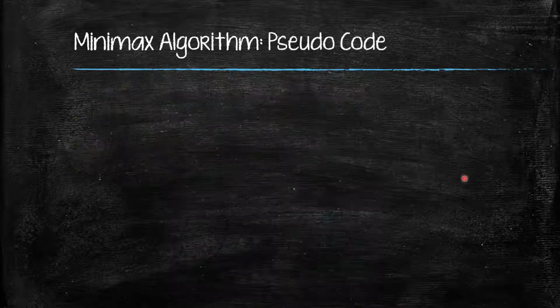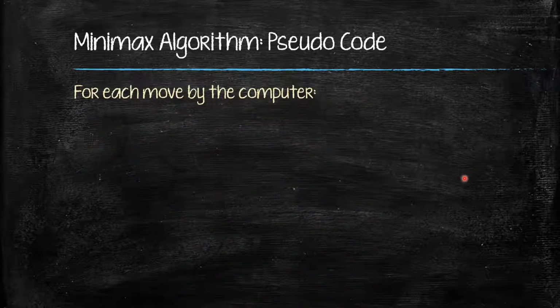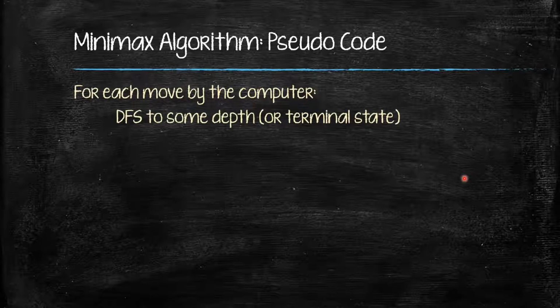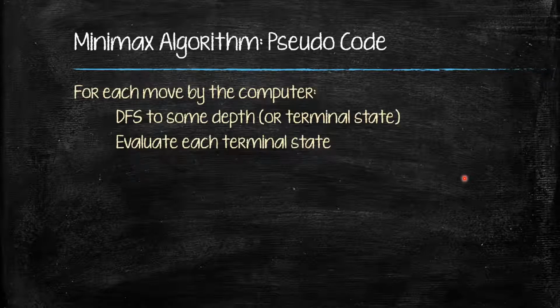So the pseudocode for our min-max algorithm is going to look like this. For each possible move that the computer can make, we're going to do a depth first search to some depth or a terminal state. I say terminal state, and that's going to mean an end game, like in tic-tac-toe, when the board is filled in. We're going to evaluate each terminal state.